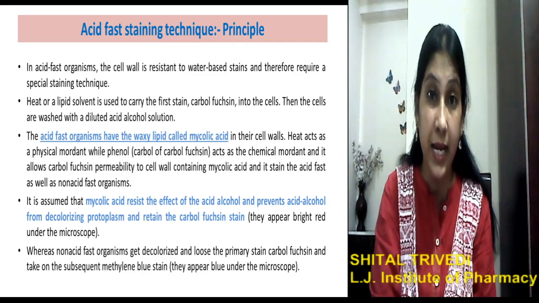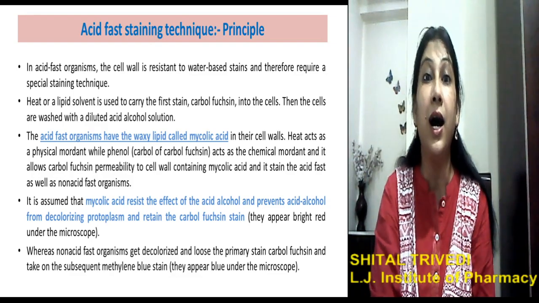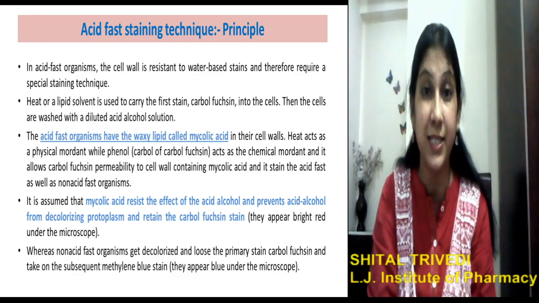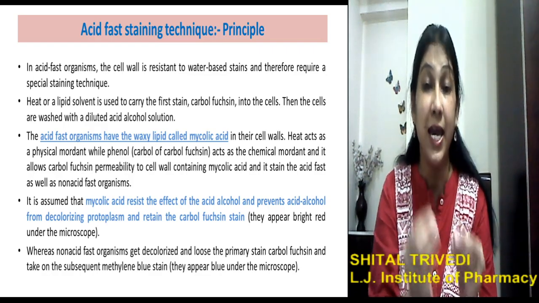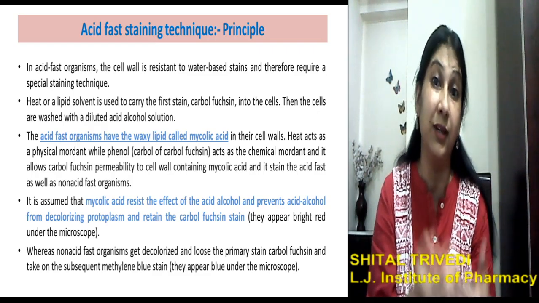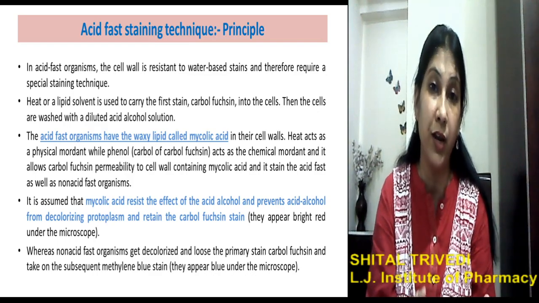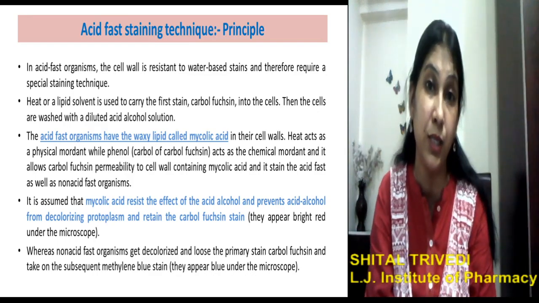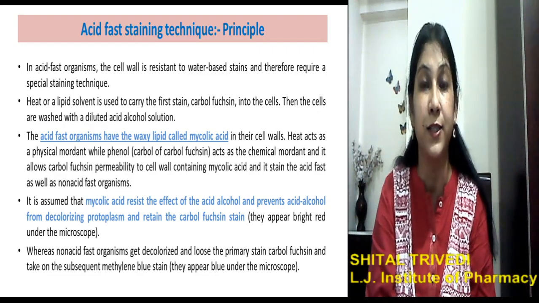But during the next step of decolorization with acid alcohol, the unique property of these microorganisms, because of the mycolic acid, is acid fastness, the property to resist decolorization by the acid alcohol, and that's why they are called acid fast.